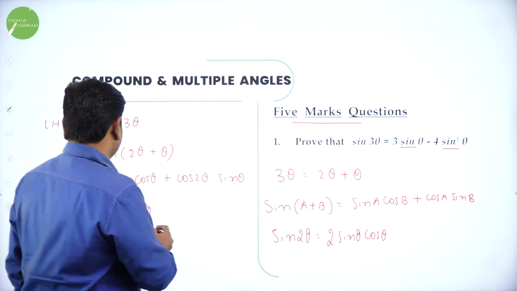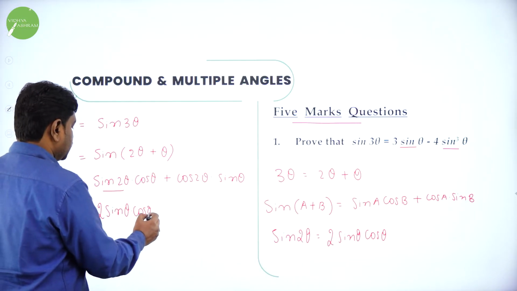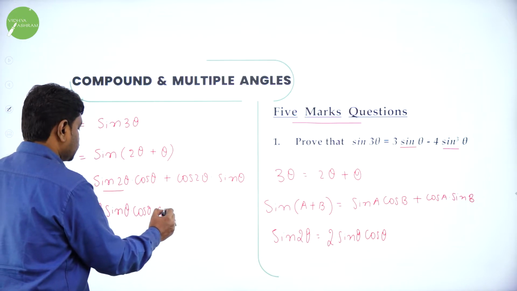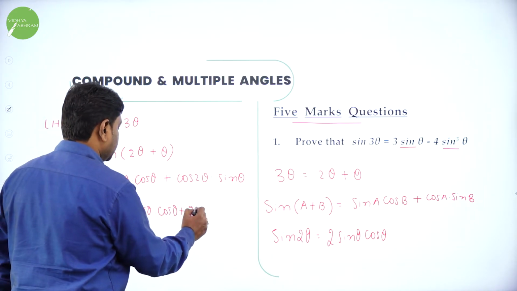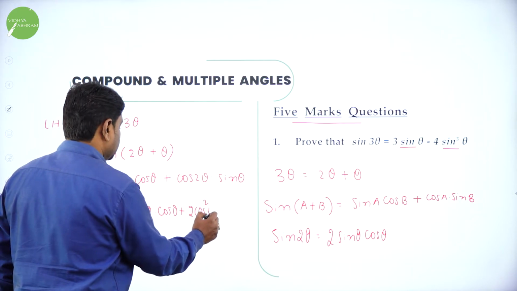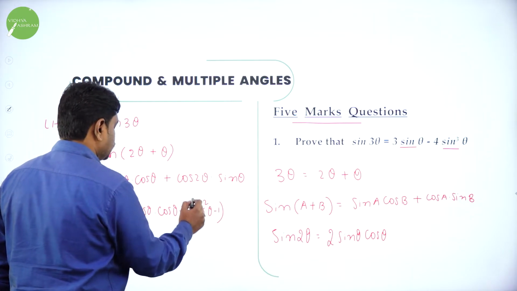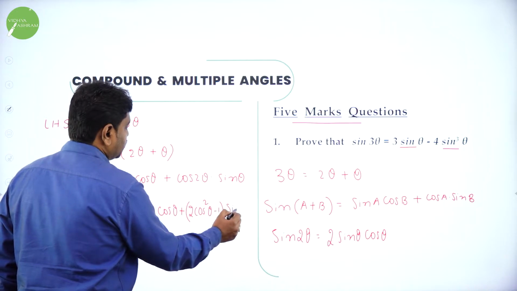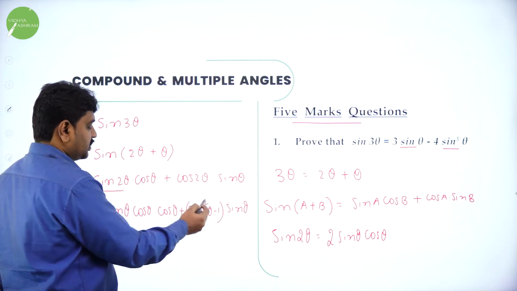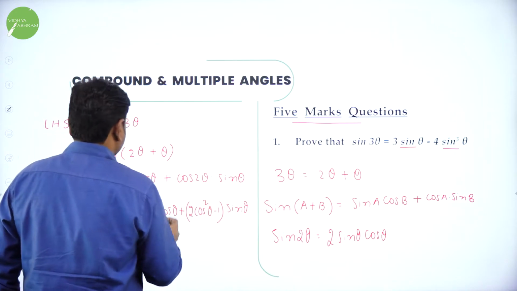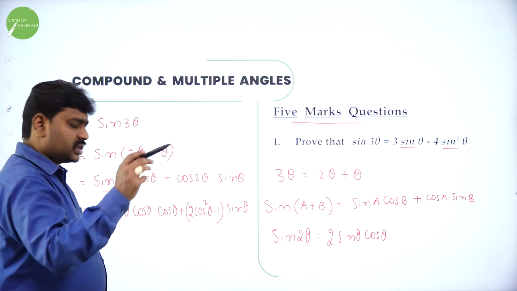So now here we have sin 2 theta, that I wrote 2 sin theta cos theta into cos theta, plus we have cos 2 theta. Cos 2 theta can be written as 2 cos square theta minus 1, into sin theta. Dear students, see, here cos 2 theta you can write cos square or sin square.